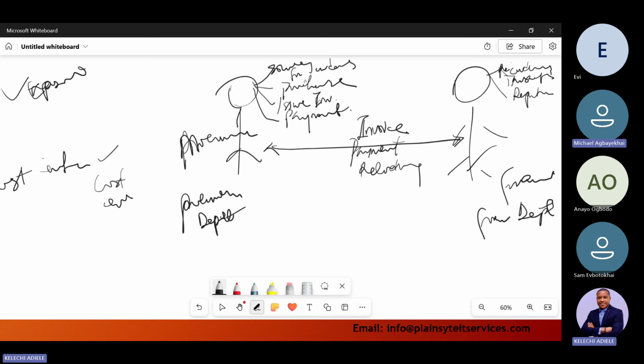Now, this is an example, and before they get the invoice, what other thing will interest the finance team? What other thing do you think the procurement team does that the finance team needs to be aware of?